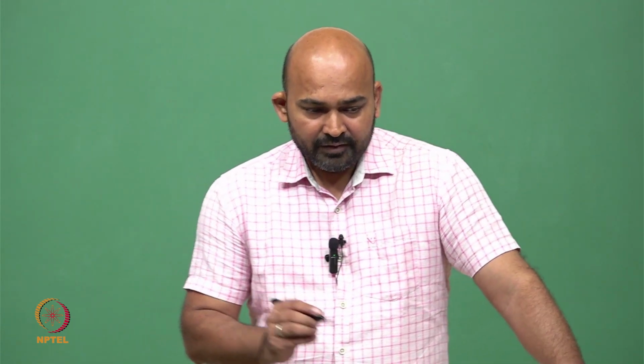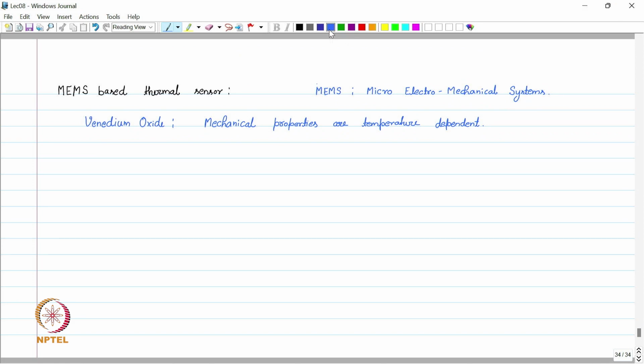Now we take this material and we want to make a resonator, because mechanical properties are very much used to make a resonator, and the temperature change of a mechanical resonator can be determined from the change in the resonant frequency.